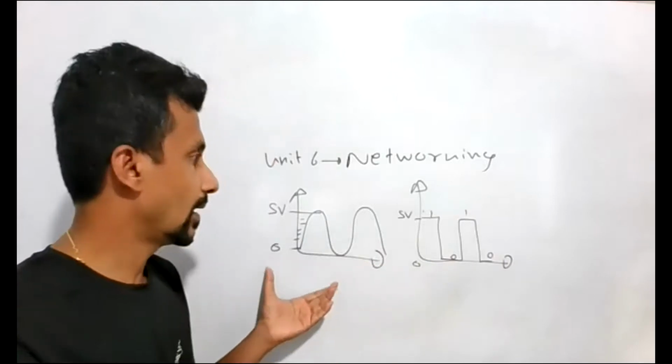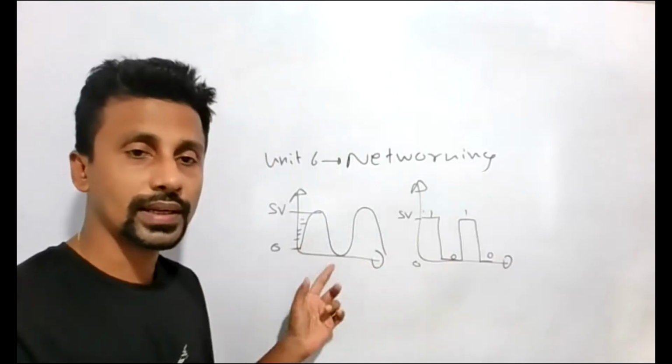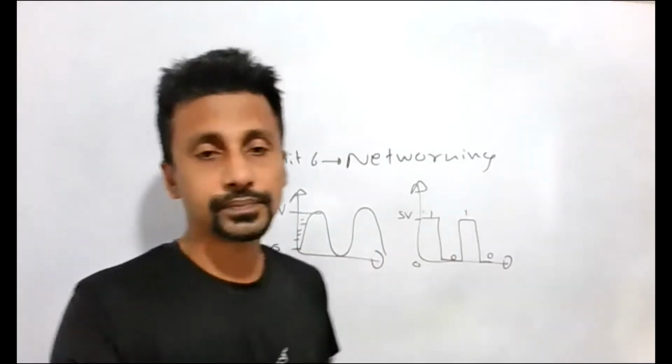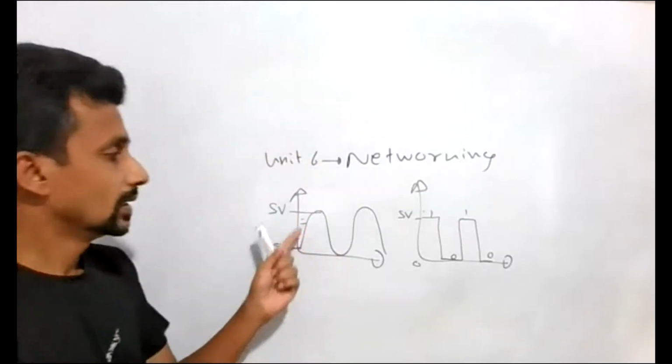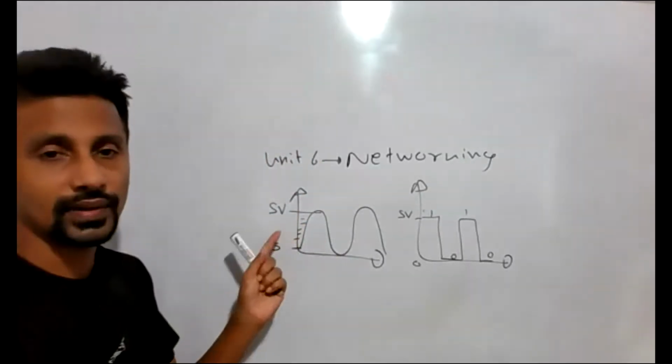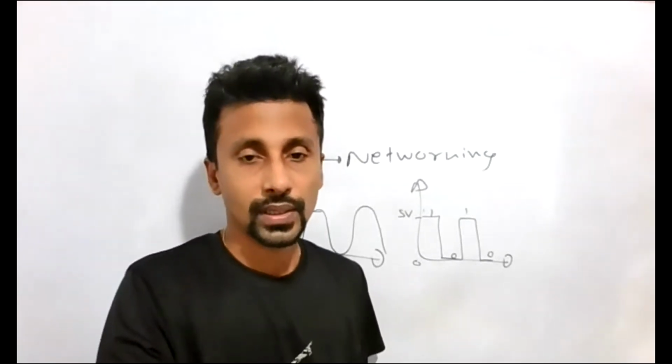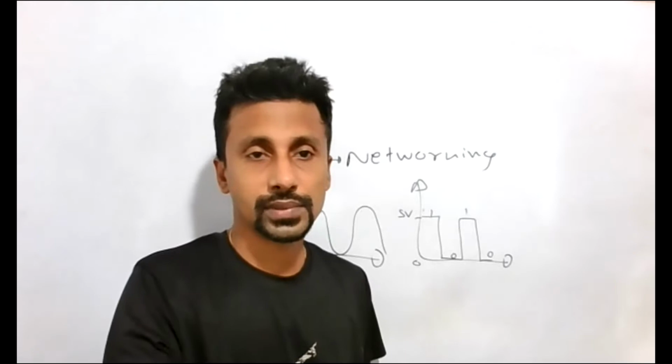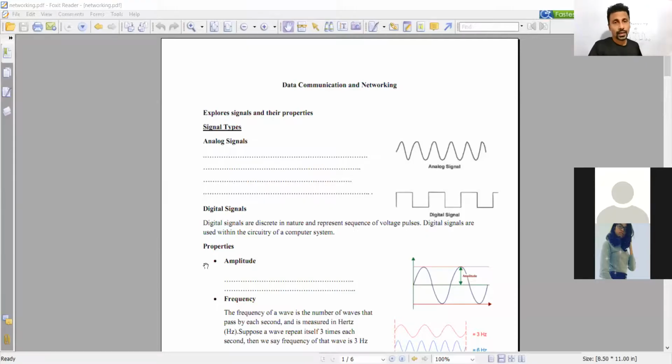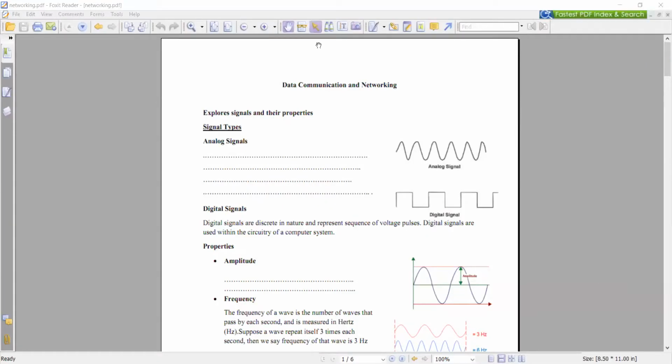When you take the analog signal, you have continuous data, a continuous wave, so we can have different values. Analog signal and digital signal.